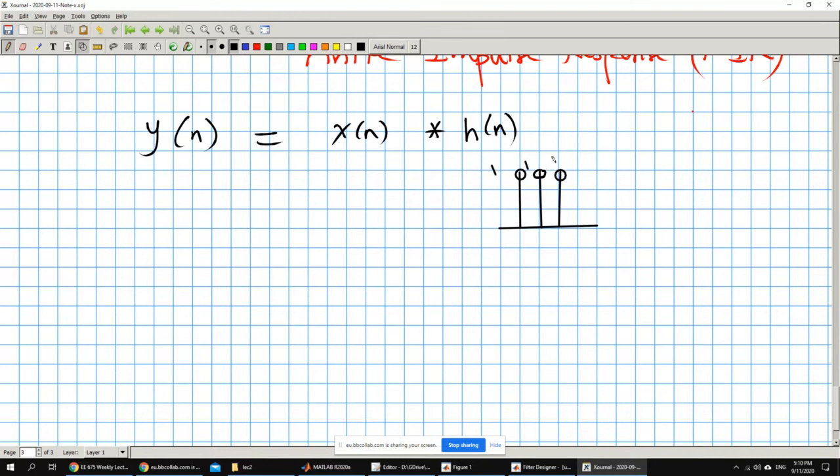You have this 1, 1, 1, and the other points here are zeros. But you're convolving whatever x you have, something that looks like this.